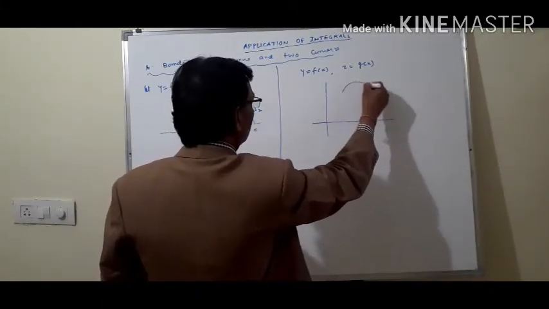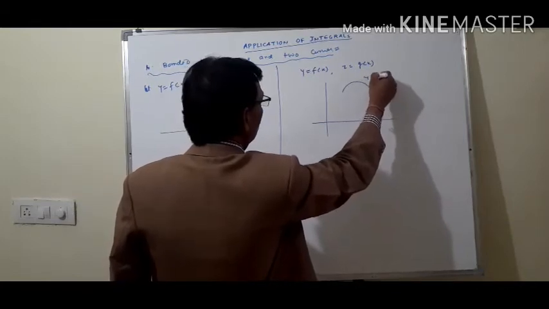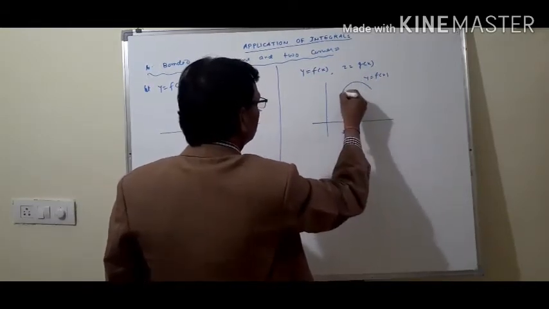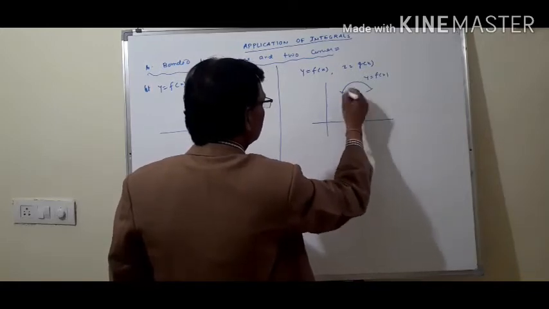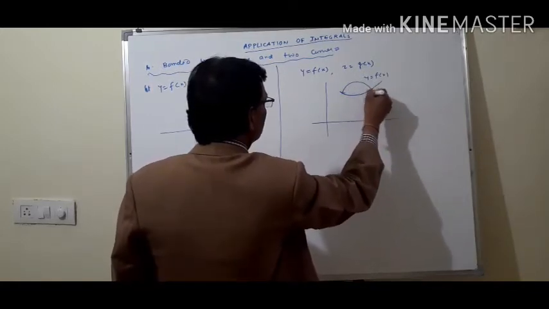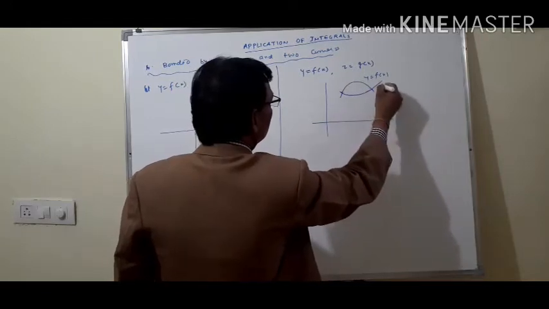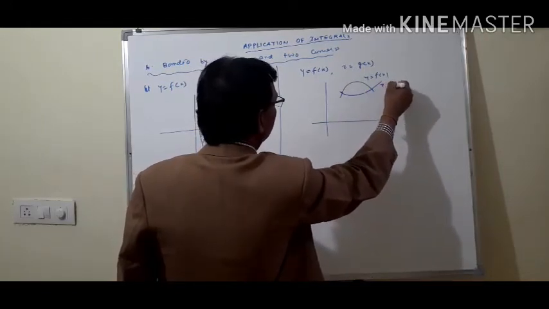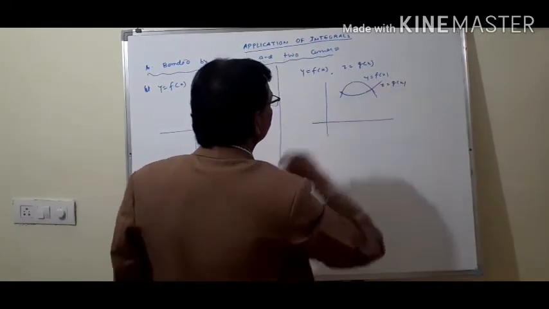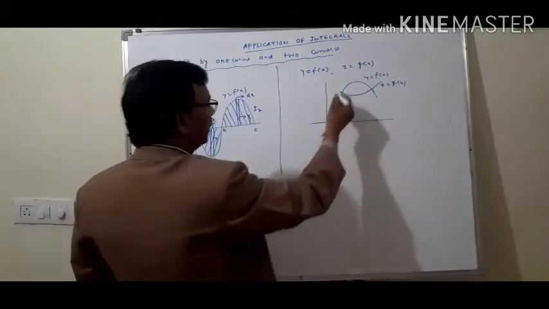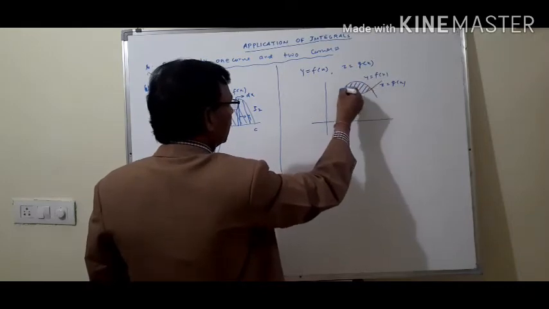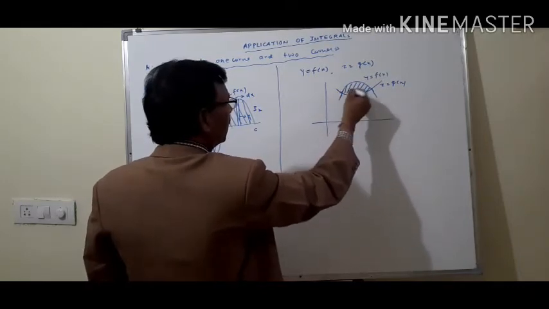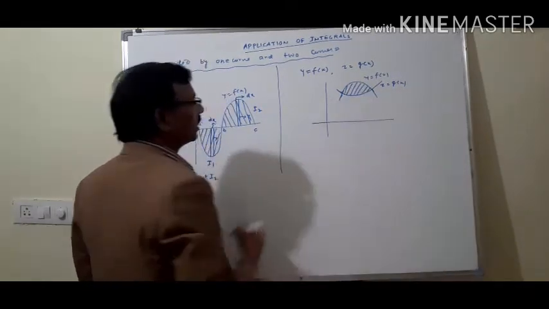Suppose this is y equal to f of x and this is the other curve, y equal to g of x, and we want to find the area of this region bounded by both given curves.